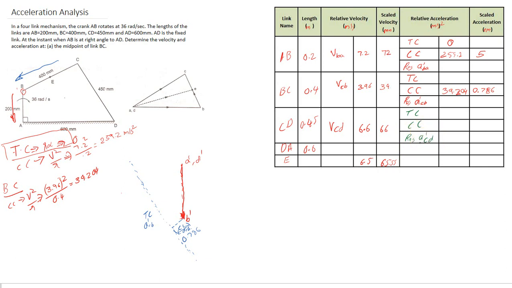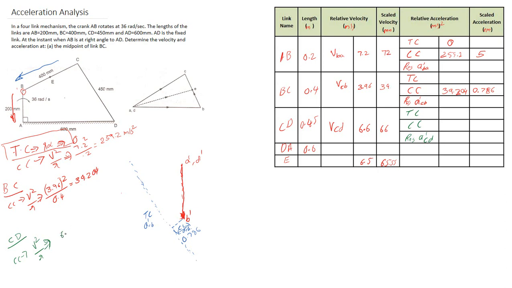That means the acceleration of C with respect to D. So next, we have to calculate the value of the centripetal component of link CD. V square by R, where this value will be from the velocity diagram.